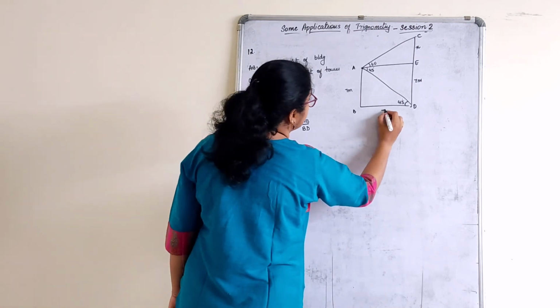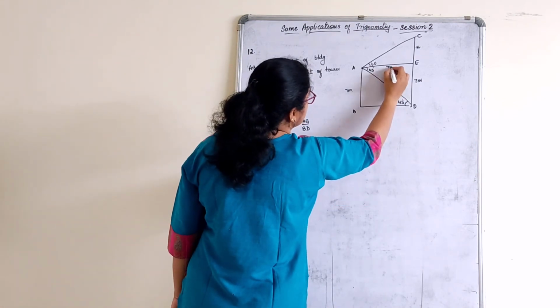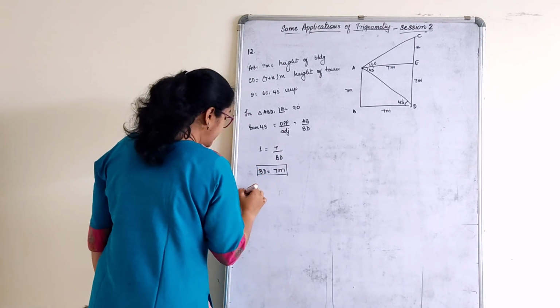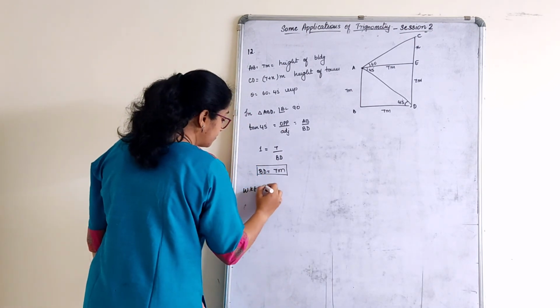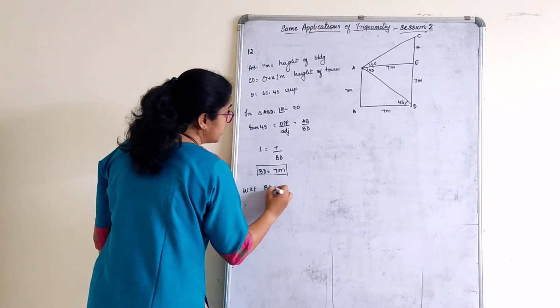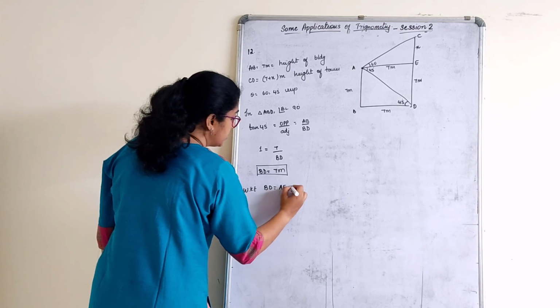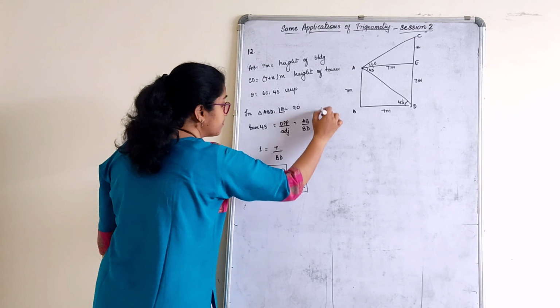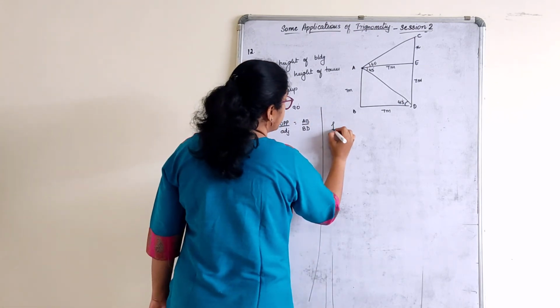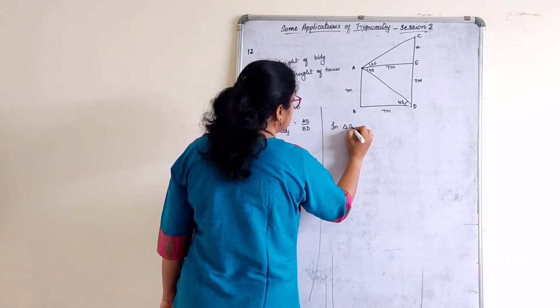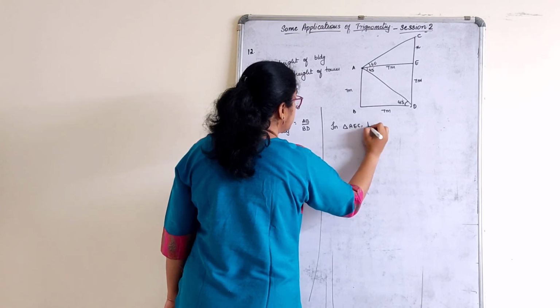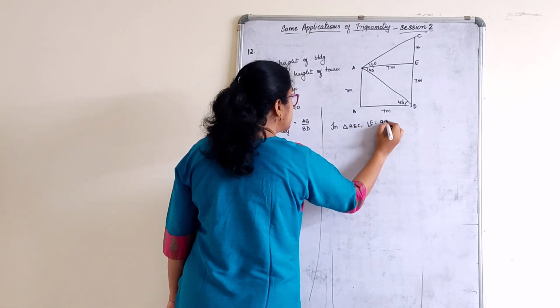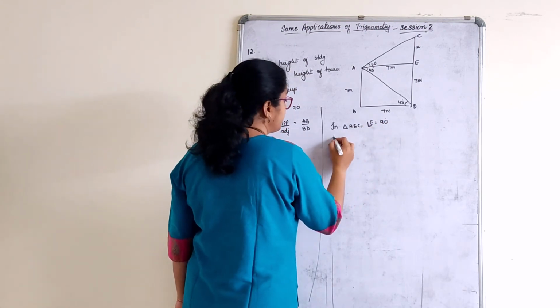This also is 7 meter. If this is 7 meter, this also is 7 meter. We know that BD is equal to AE, that is equal to 7 meter. Next, in triangle AEC, angle E is equal to 90 degree.